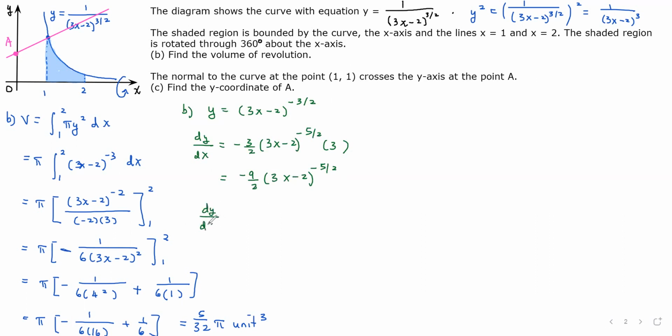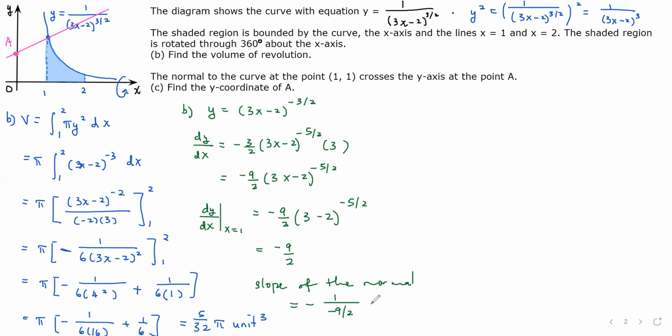So the value of dy/dx at x equals 1 is negative 9/2 times (3 minus 2) to the negative 5/2. This is negative 9/2. That is the slope of the tangent. The slope of the normal is the negative reciprocal of this, negative 1 over negative 9/2, which is 2/9.